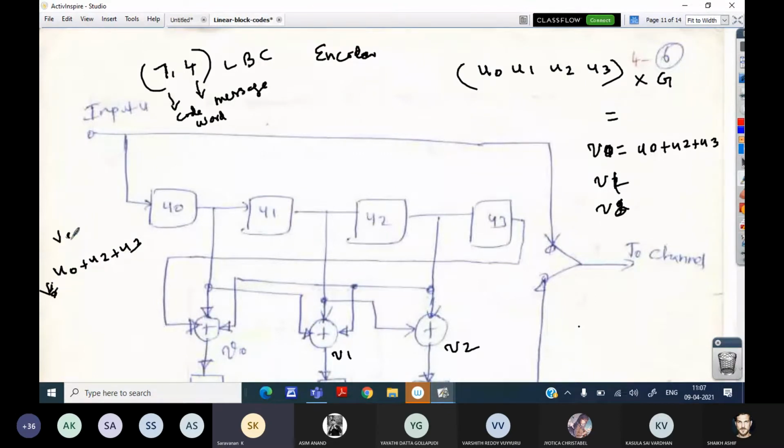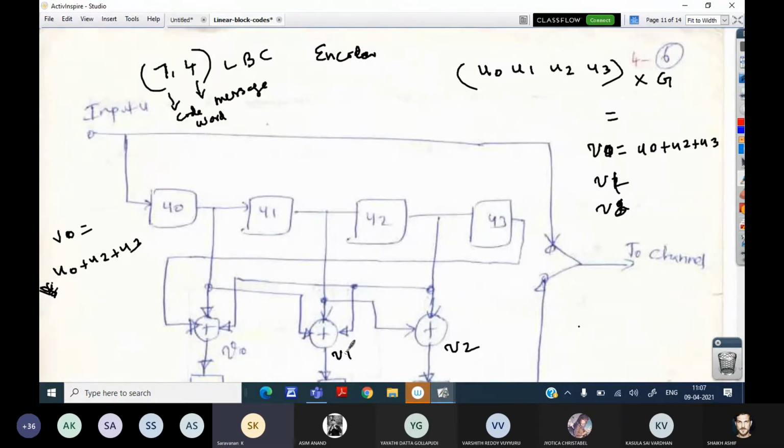So I have to connect U0, U2 and U3 to this adder, giving 3 inputs. It is a modulo 2 adder. The output I get from the adder is V0, U0 plus U2 plus U3.